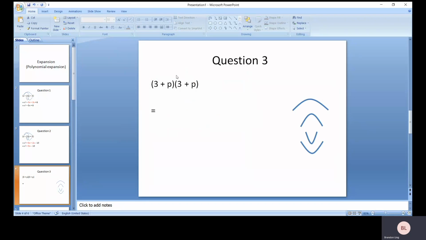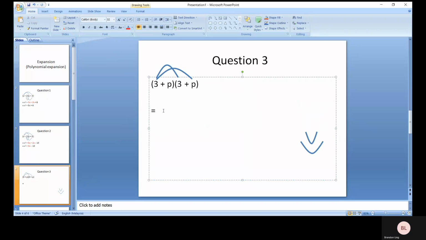Question 3. 3 multiplied by 3, you get the value of 9. 3 multiplied by p, you get the value of 3p. So here you have 9 plus 3p.